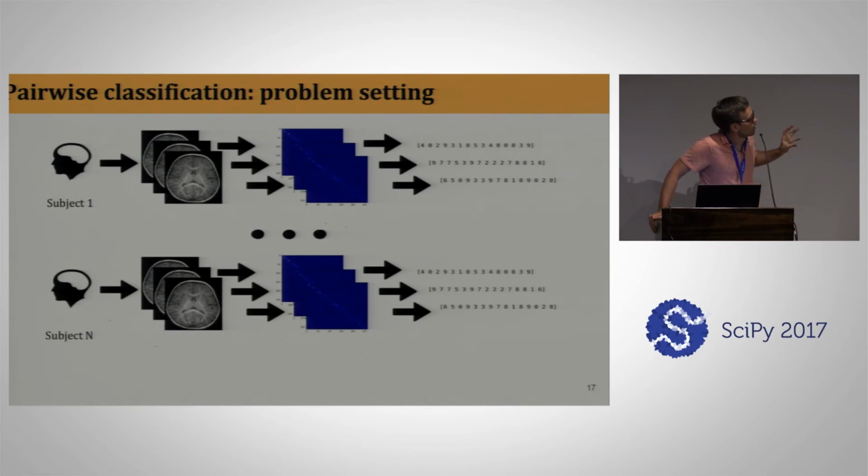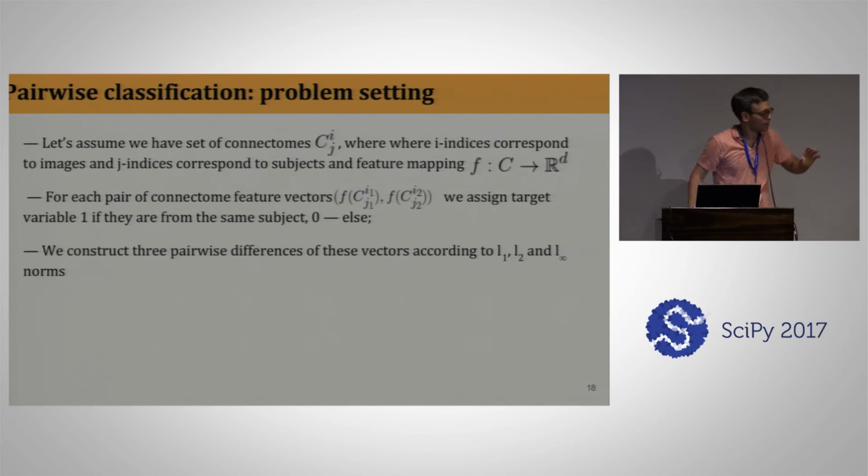So our problem was to construct possible pairs and perform machine learning on them, and this is the problem setting of pairwise classification. For understanding how Reskit works, it's not important, but what is important is that we had some kind of metadata which included pairs of subjects, and we had a target of 1.